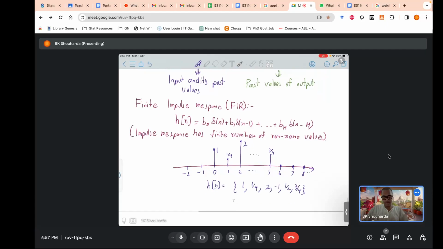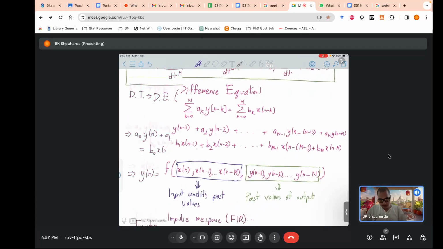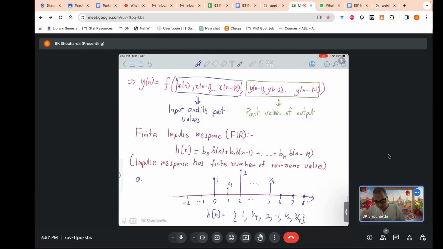Okay, and you can define it in this sense: a_k equal to 0 for all k greater than 0. So you have no contribution of the output's past values, because when the output also comes back, you have the recursion, the feedback taking place, and whenever feedback takes place, it is never going to end.